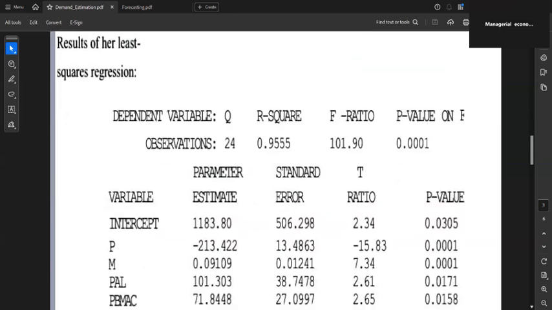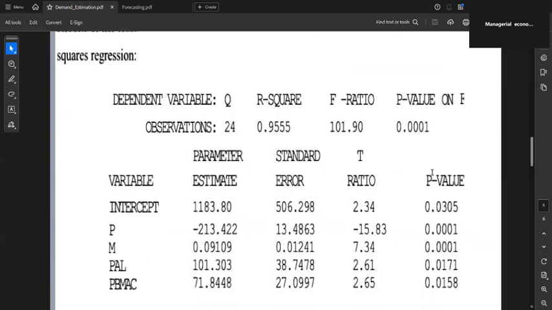So here are the results after the regression. Here the R squared is 0.955, which is a high value. R squared equal to 1 means a perfect goodness of fit, meaning the variables completely determine the quantity demanded.